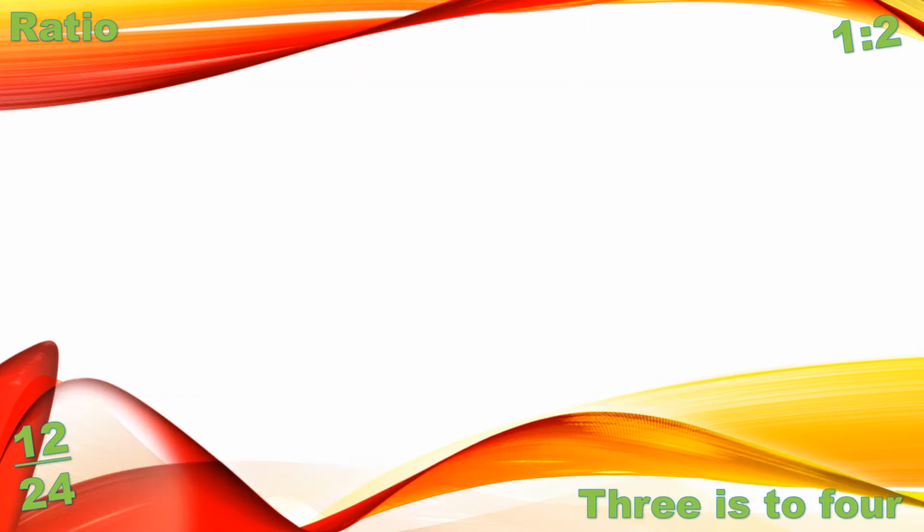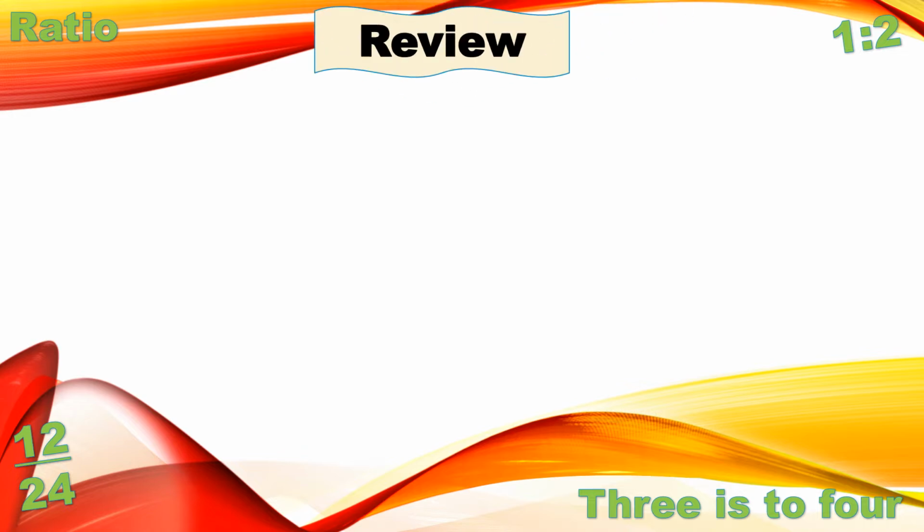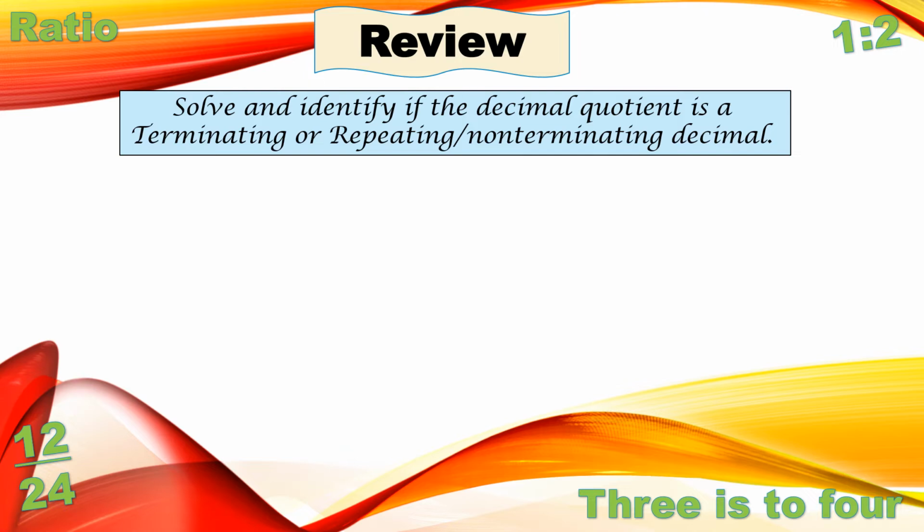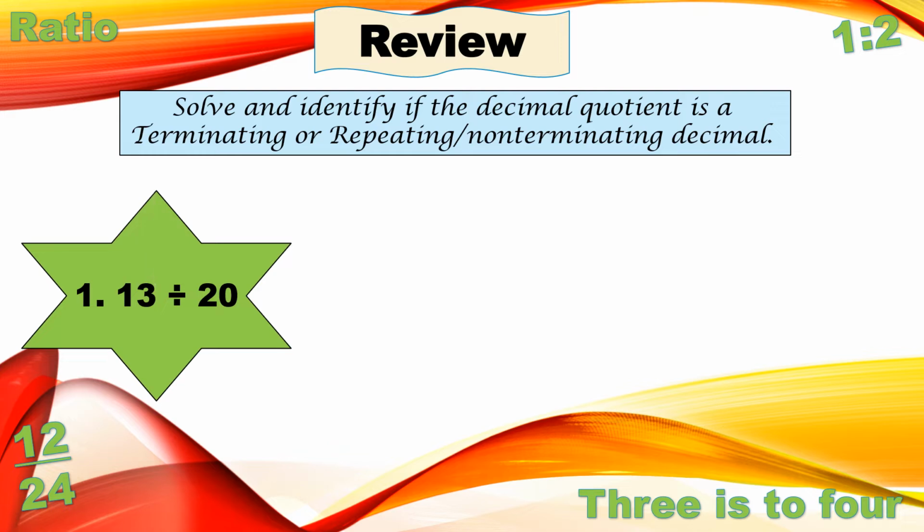Before we proceed to our lesson, let us review first the last topic, which is decimal quotient. Solve and identify if the decimal quotient is a terminating or repeating non-terminating decimal. I will give you 15 seconds to answer it. Ready? 13 divided by 20.